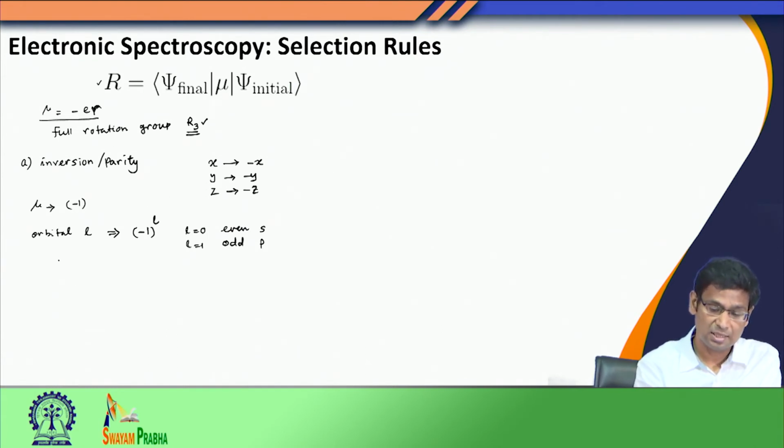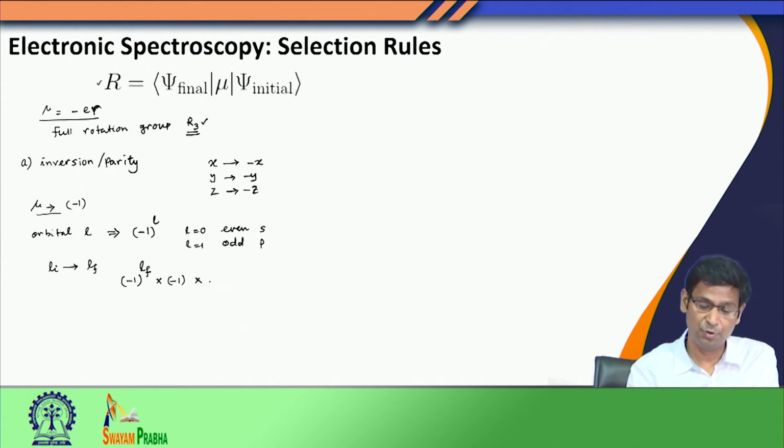Now, let us see, suppose it goes from initial state Li to final state Lf. What will be the parity of the transition dipole moment? The parity would be given as minus 1 to the power Lf, that is the parity of the final state, multiplied by minus 1, which is the parity of the operator mu, multiplied by minus 1 to the power Li, which is the parity of the initial state.